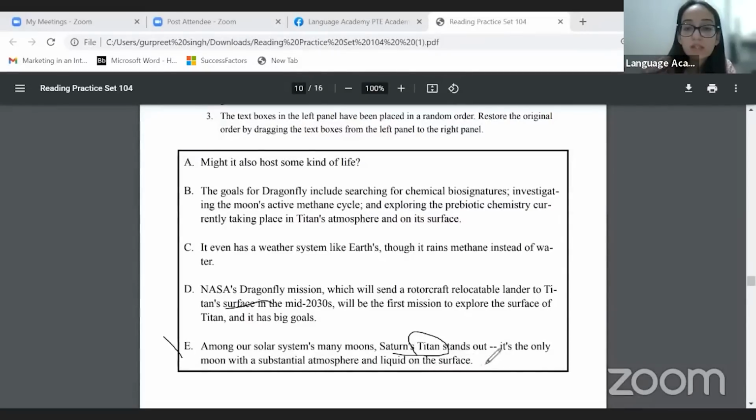Then you say it is the only moon with the atmosphere and liquid. Then the story continues. It even has, even is used in the same way as also. It even has a weather system like Earth's, though it rains methane instead of water. Then we have two sentences which are talking about NASA's Dragonfly mission.